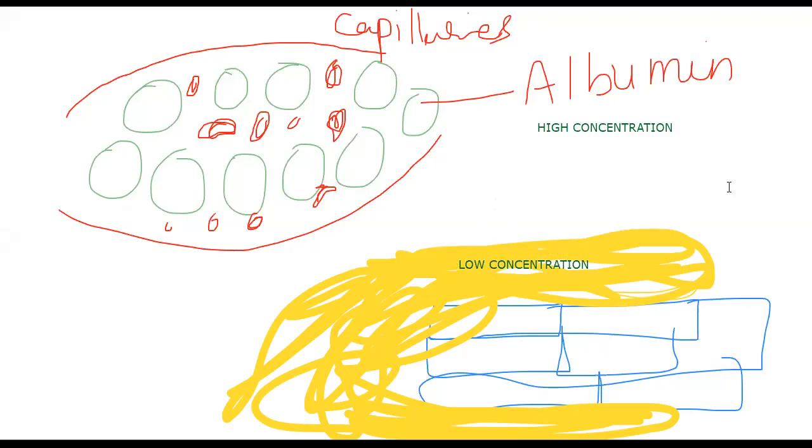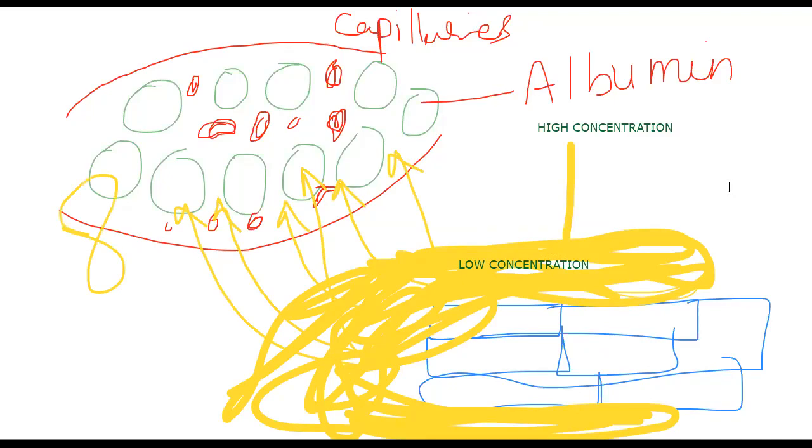The concentration difference between these two, created by the high concentration in the capillaries from the albumin protein molecules, is why the fluid is returning back. So because of the concentration difference, how much fluid is returned back? 85% of the fluid is returned back into the capillaries.